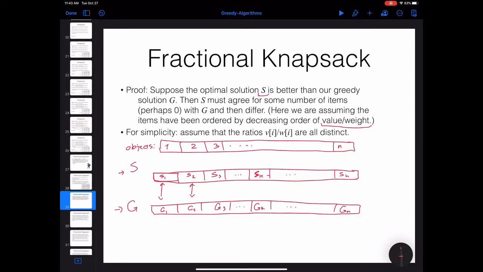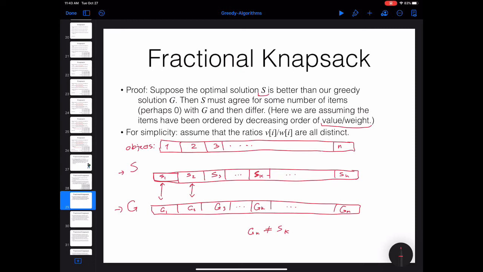That there is a difference between the optimal answer and the greedy answer tells you that Gk is not equal to Sk. The amount from object k that you are taking is different in the optimal answer and in the greedy answer.